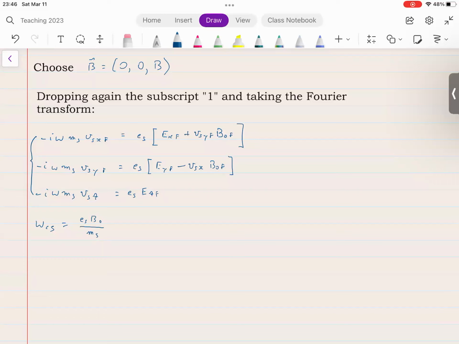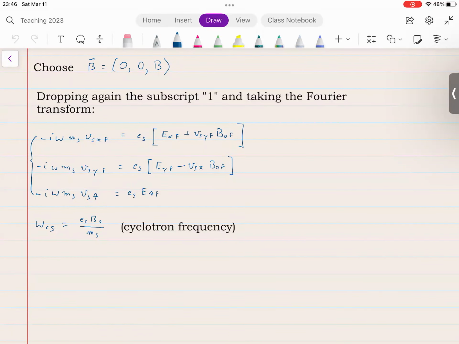I hope you'll definitely remember about this one. Cyclotron frequency. So that lets you simplify things a little.